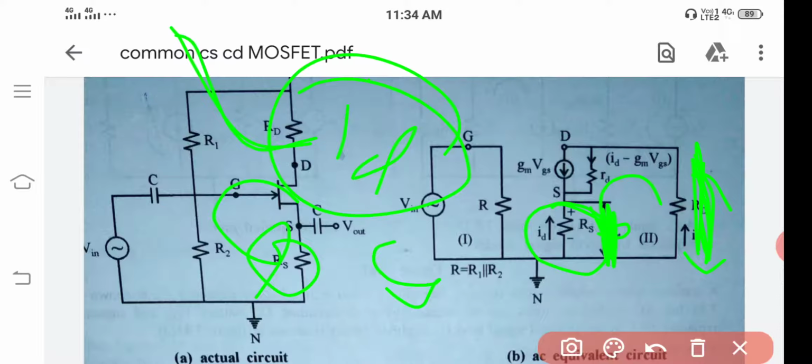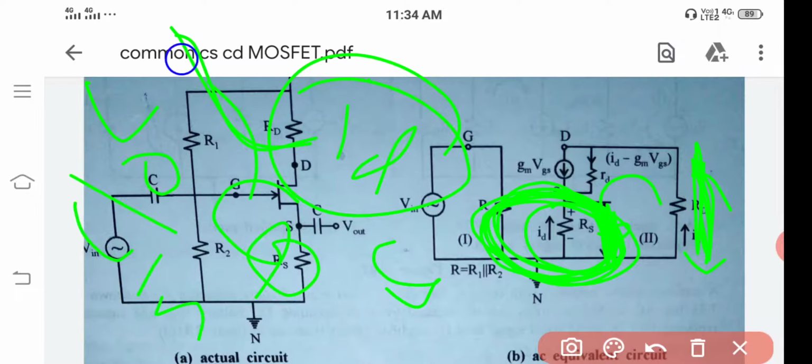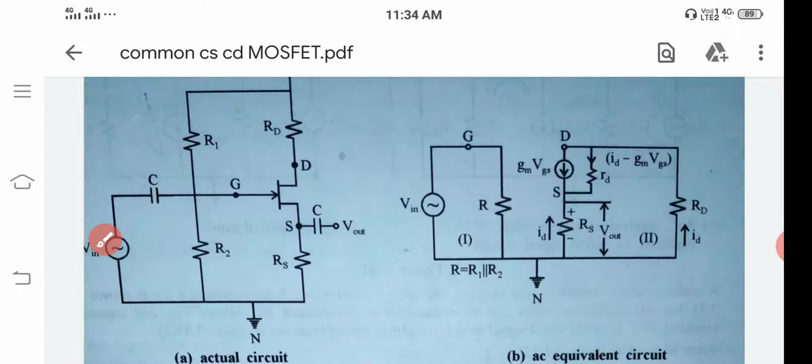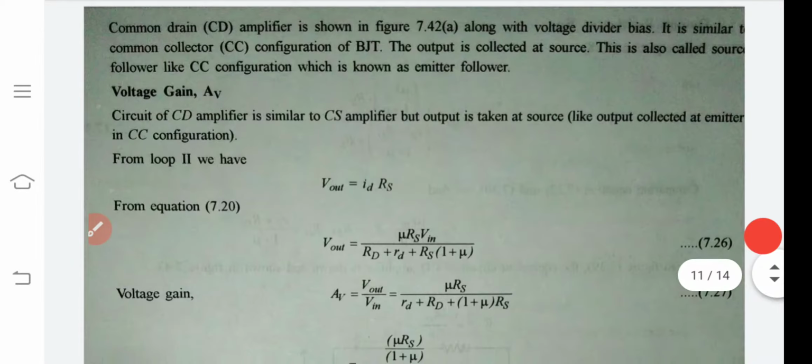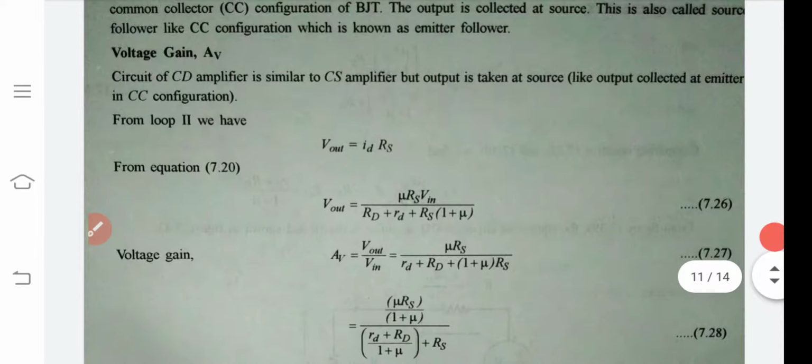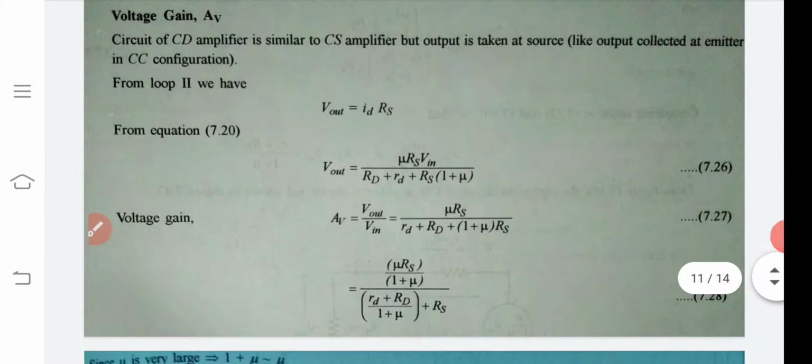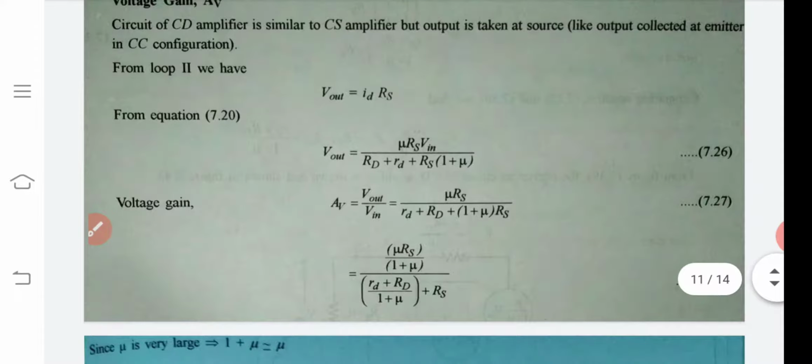We put in ID RS, this is the output, and we get Vout upon Vin, the gain. Output is ID RS, we put the value of ID, the output is calculated, and the voltage gain is calculated from here.